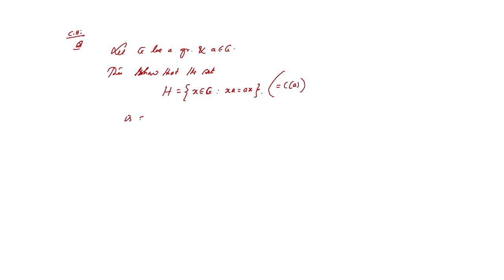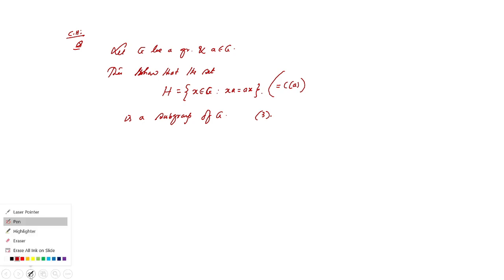Let G be a group and A belongs to G. Then show that the set H equals all those x belongs to G such that x A equals A x, so this is exactly the centralizer of A, is a subgroup of G, and this is basically a 3 marks question. In our case, this is question number 36.